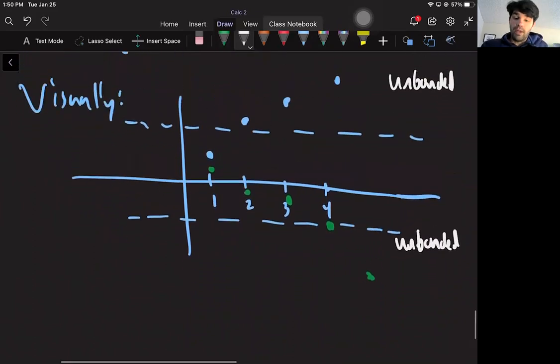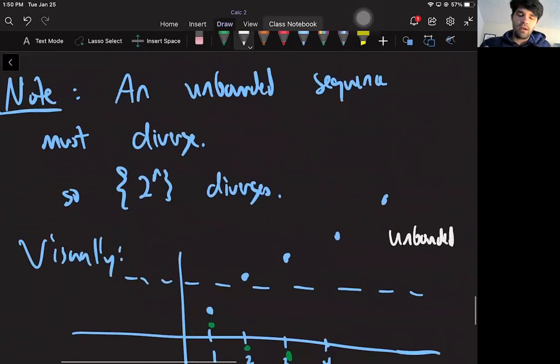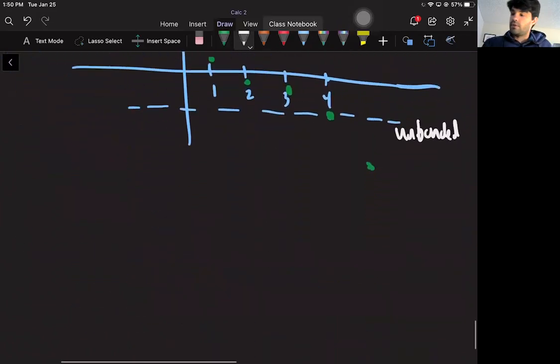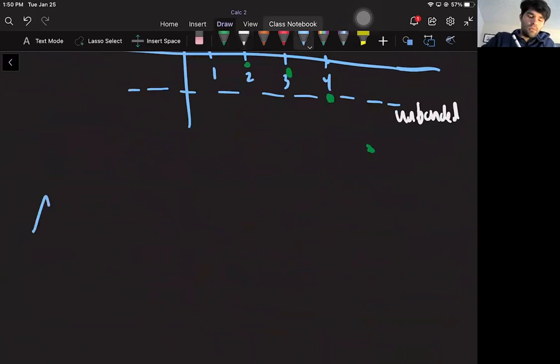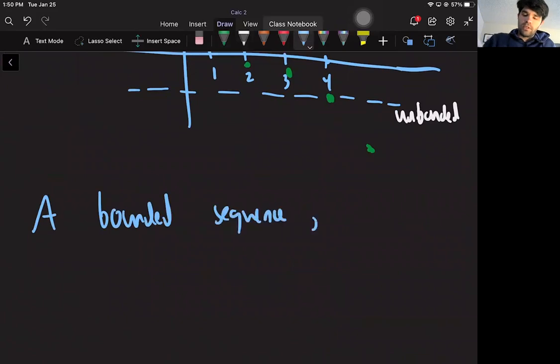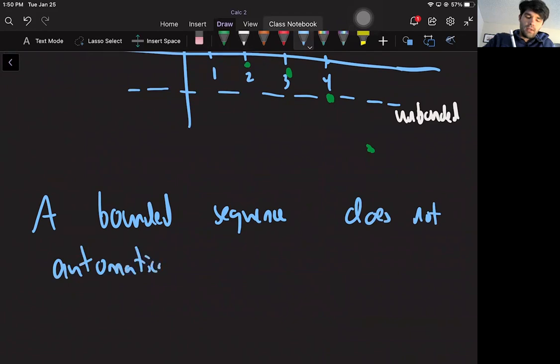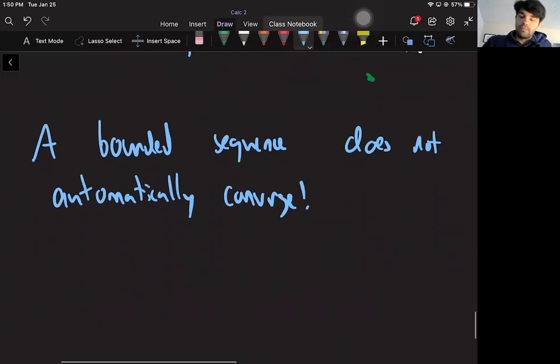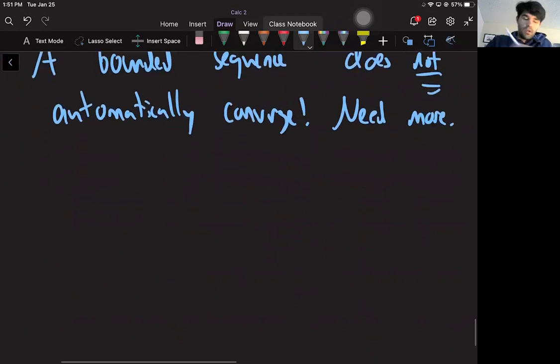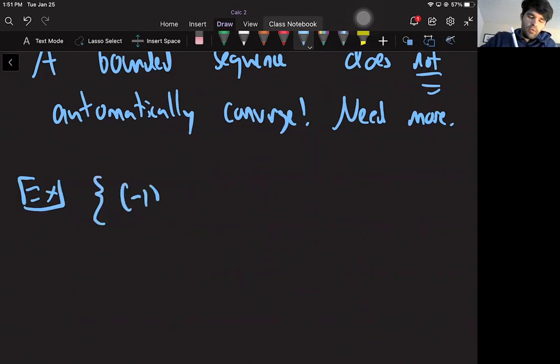But what about if it's bounded? Does that mean it automatically converges? The answer to that is no. There's more to it. A bounded sequence does not automatically converge. You need more. Visually we could see an example. Here's an example, (-1) to the n.